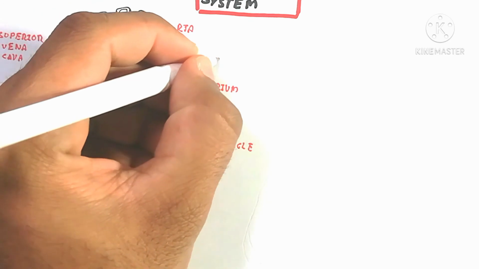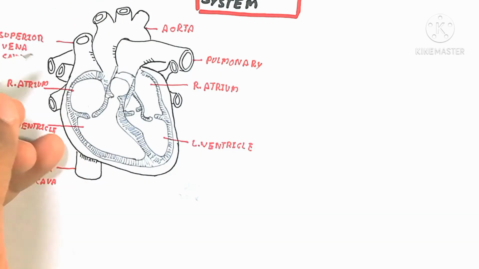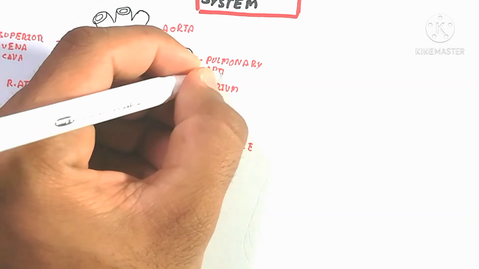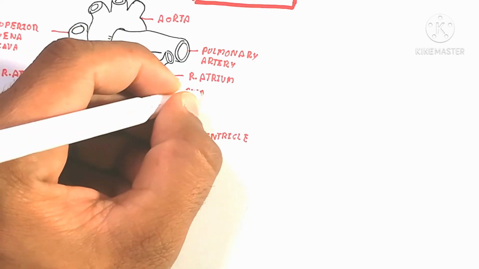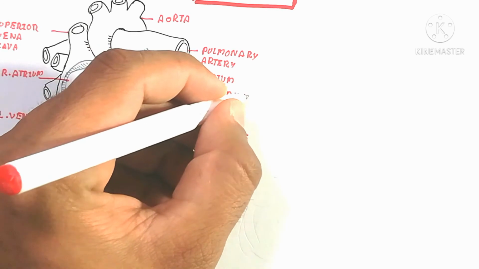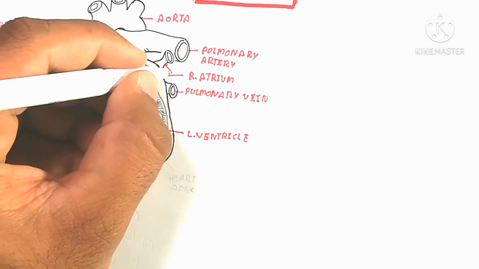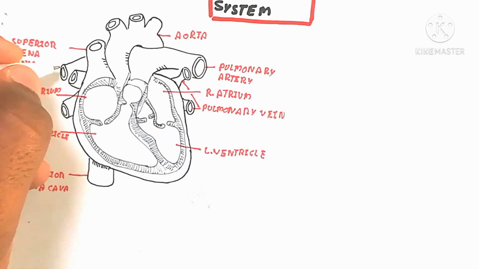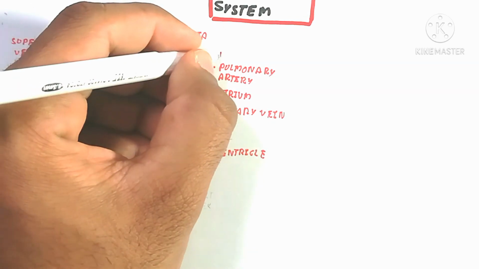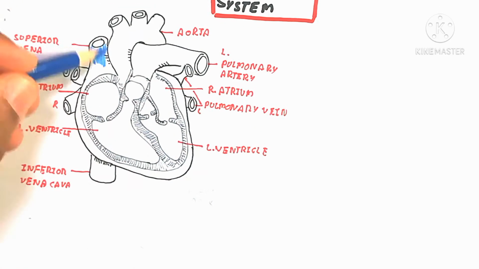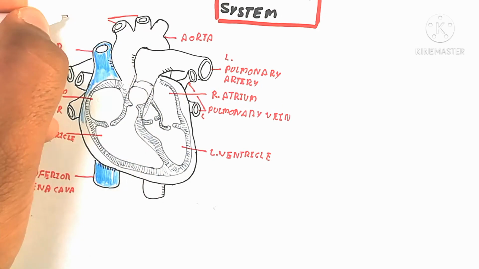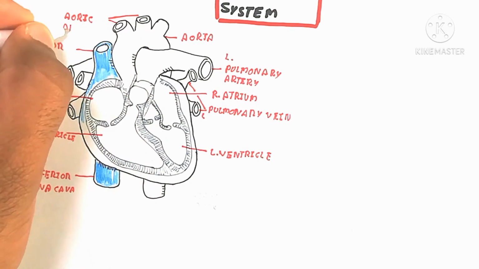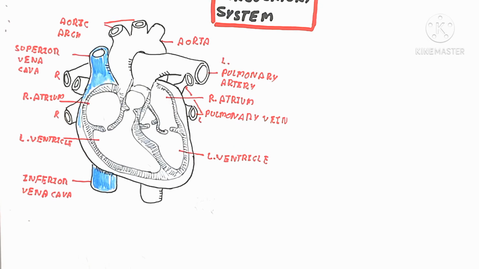So here is the aorta, which contains three arches carrying red oxygenated blood to the body through the aortic arch, and the descending aorta does as well. Here is the pulmonary vein, which receives the oxygenated blood, and the pulmonary artery, which carries blood from the heart to the lungs for oxygenation.